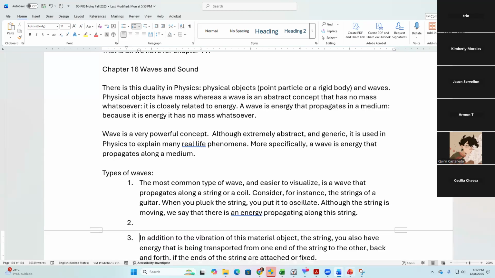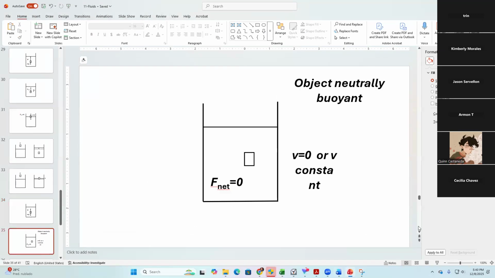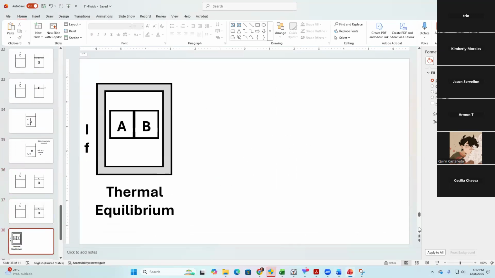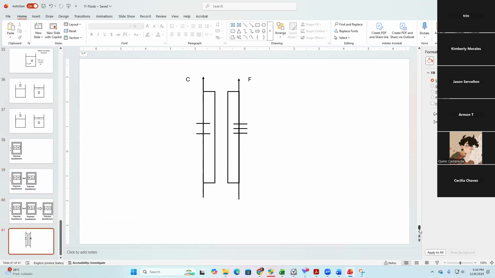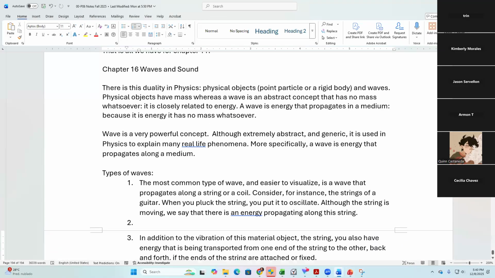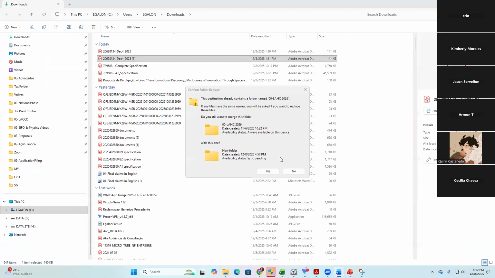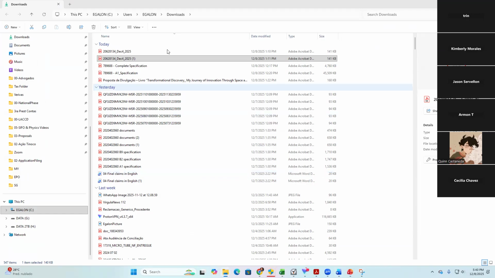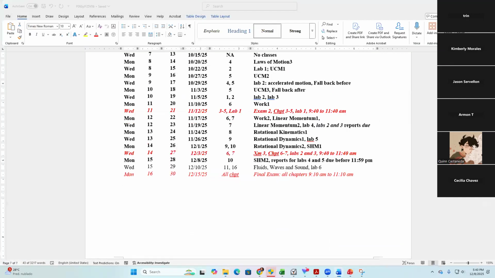Let's see if I have it. It's always good to have an illustration for that. Let's see here.